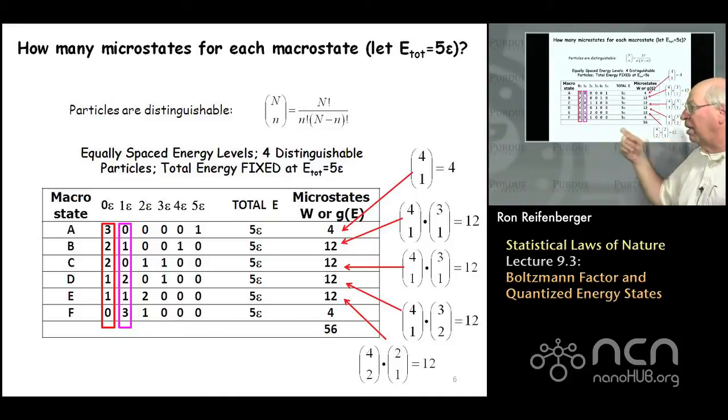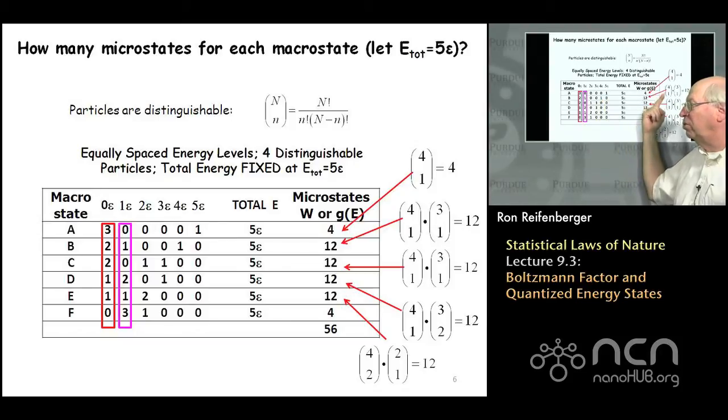You can do the same thing for state B, right? State B, if you look back at the previous slide, had 2 particles in the 0 energy level, 1 particle in the 1 energy level, 1 particle in the 4 energy level. So how many different ways can I arrange those particles to achieve state B? Well, there are 4 different ways to achieve 1 particle in the energy level 4 epsilon.